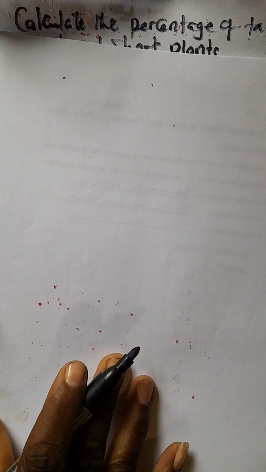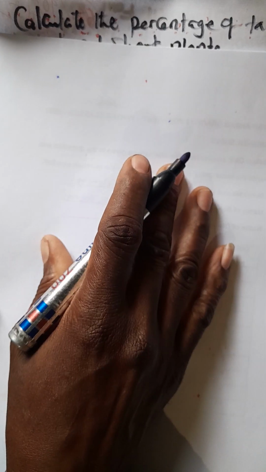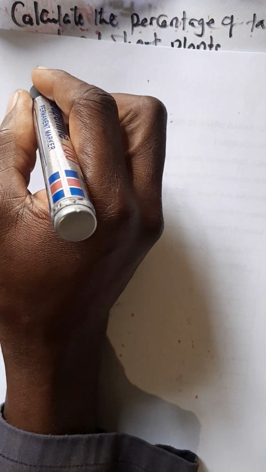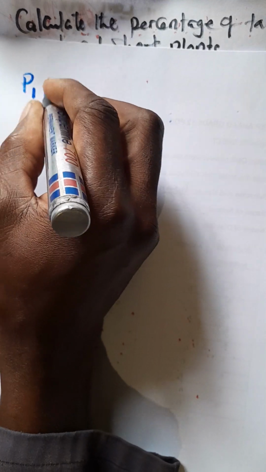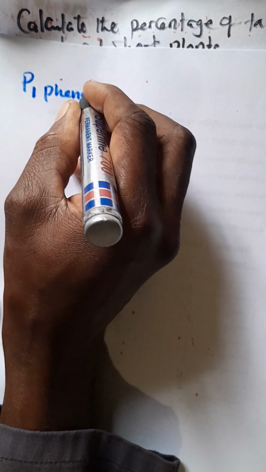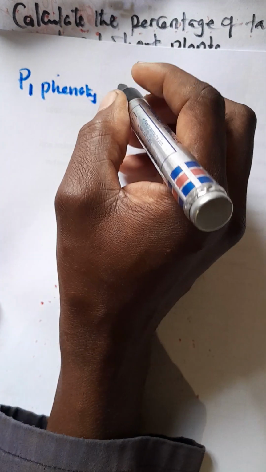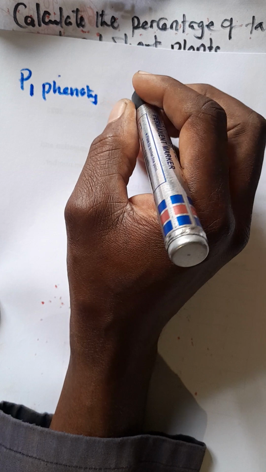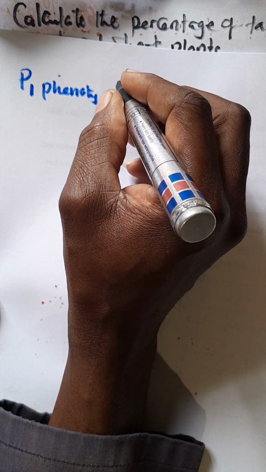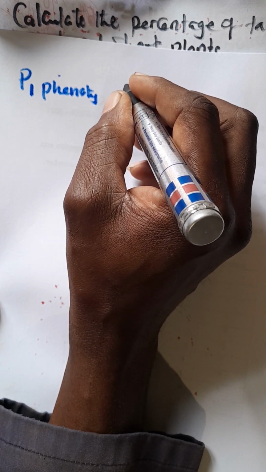Right, welcome back again. So let's look at this. Let's take it that a father, remember it's the P1 generation there, a father whose phenotype for blood group is blood type A homozygous.